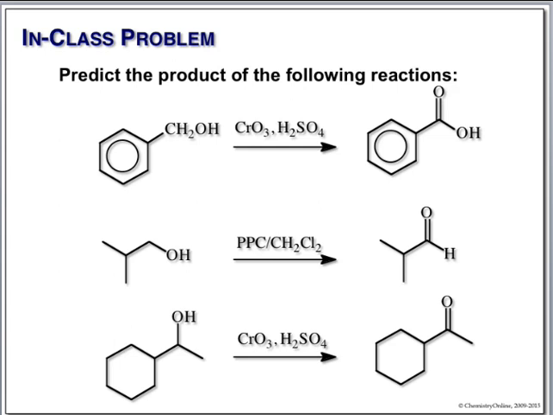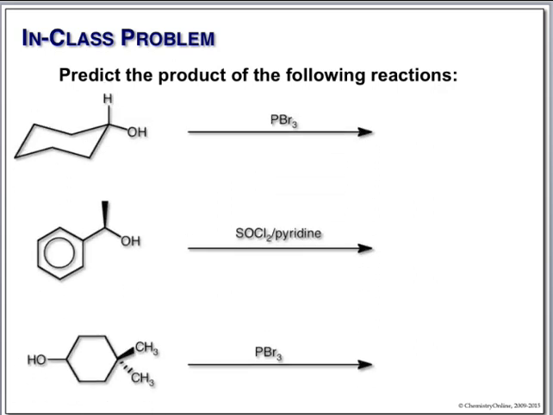Let's make alkyl halides. PBr3 will simply change the hydroxyl group into an alkyl bromide.